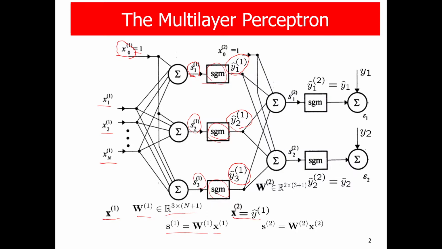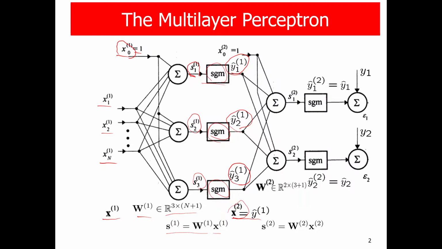After this, we repeat the whole process to calculate the activations of the neurons on the second layer. The activations of these 3 neurons on the first layer will be the inputs of the neurons in the second layer. We write this input of the second layer as x2.